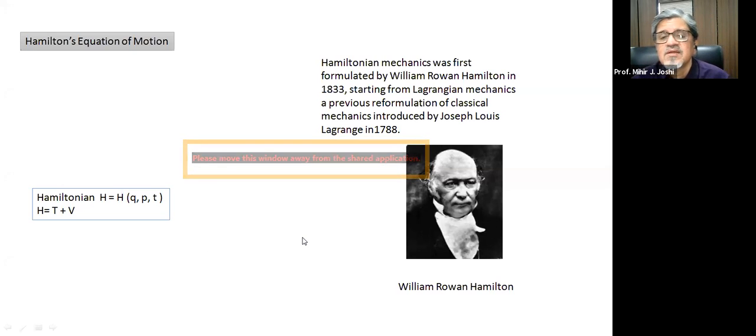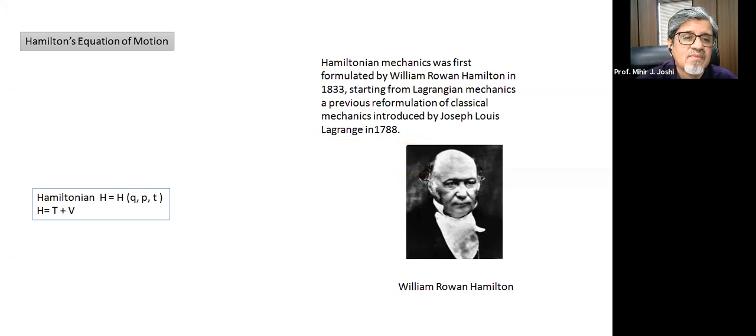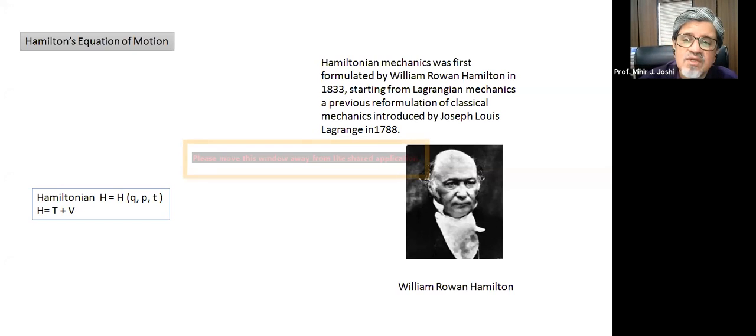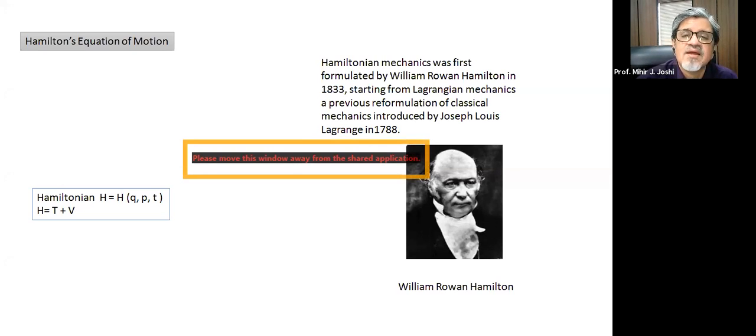Hamilton was a well-known mathematician from Ireland, and he contributed a lot in classical mechanics. We'll learn many topics in classical mechanics which are contributed by Hamilton. So Hamilton's name is associated with many formulations in classical mechanics.